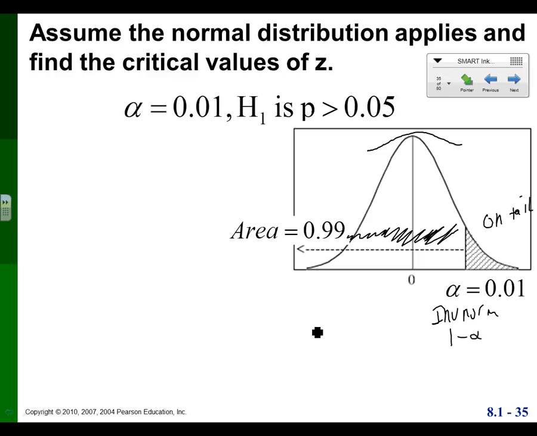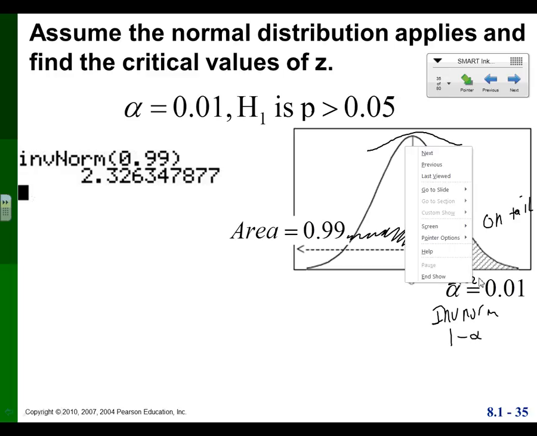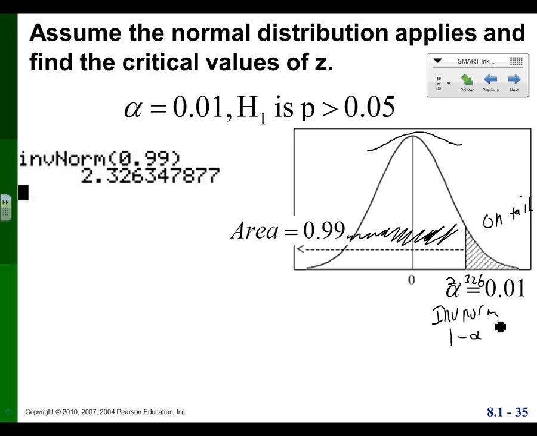If you don't have it, you just take it off. 2.326. Okay. Hopefully you got that.